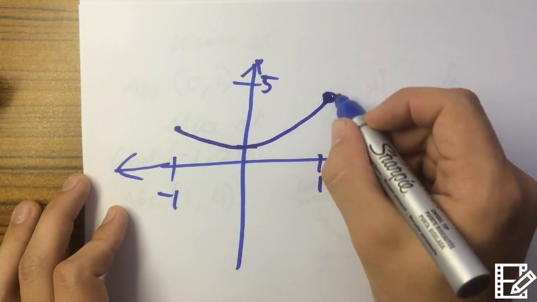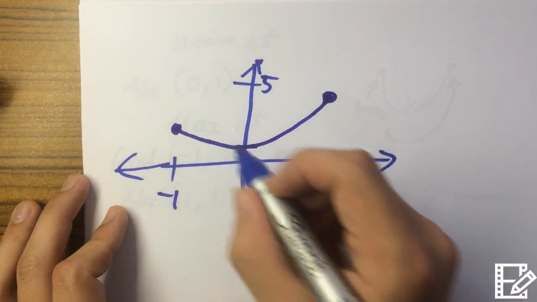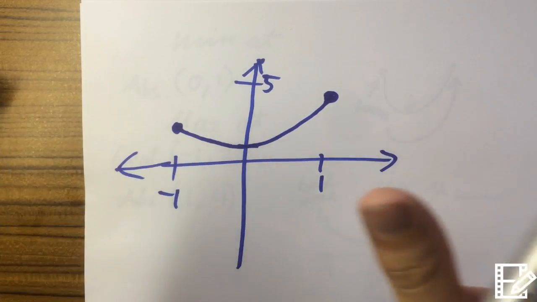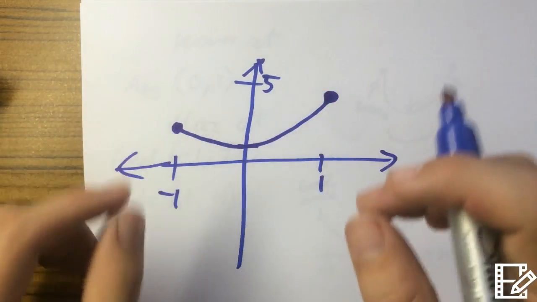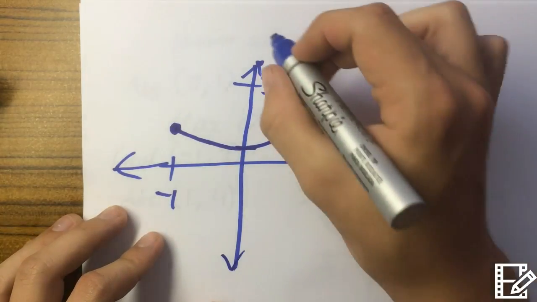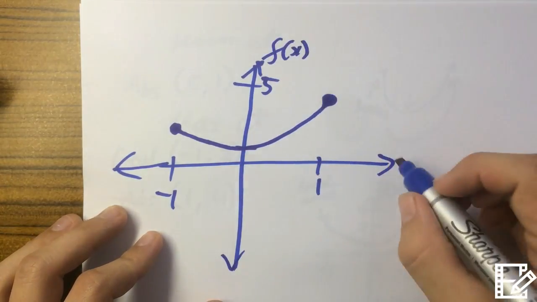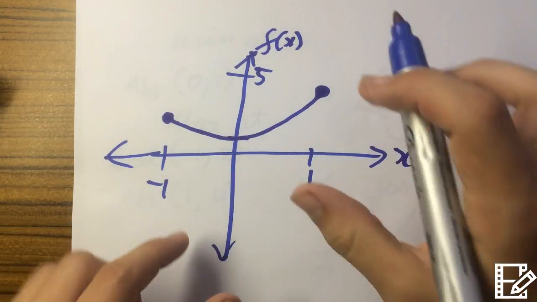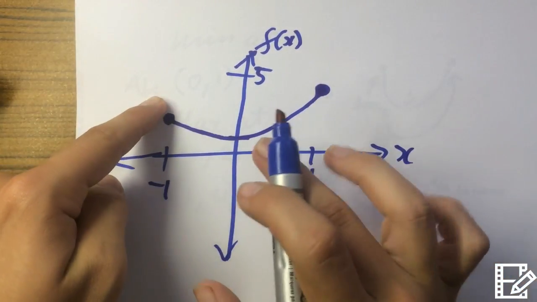And it has dots or hollow dots, whatever. If it has arrows, it means it goes on forever. If it's dots, it means it stops there. And this will be our f(x), and this will be our x. So basically what I drew before: absolute maximum, local maximum, absolute minimum.